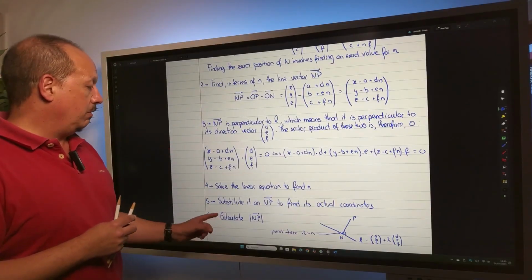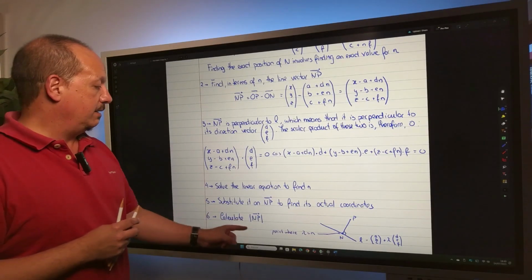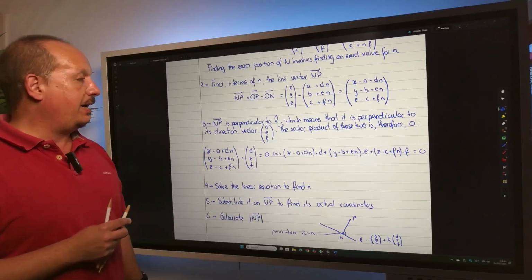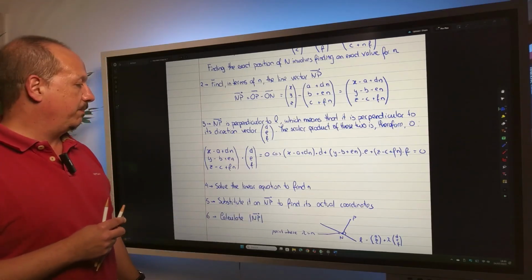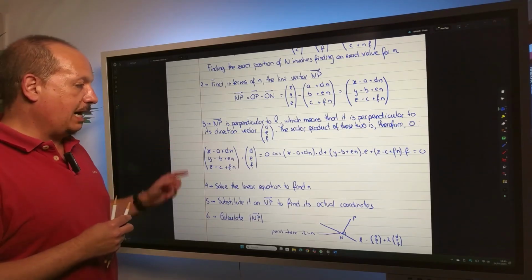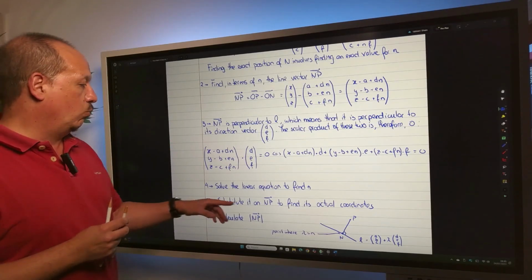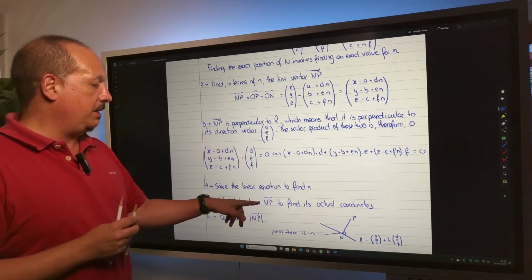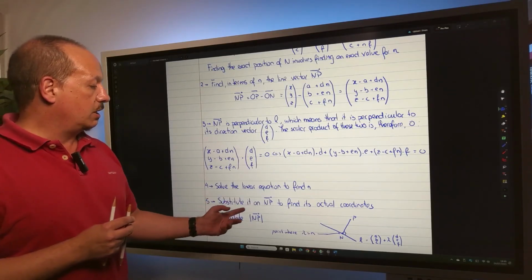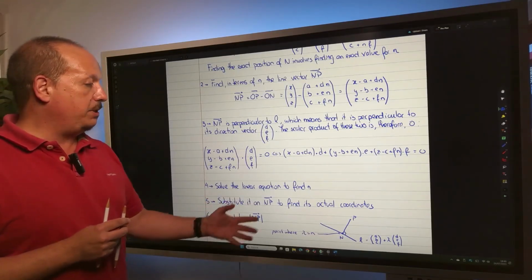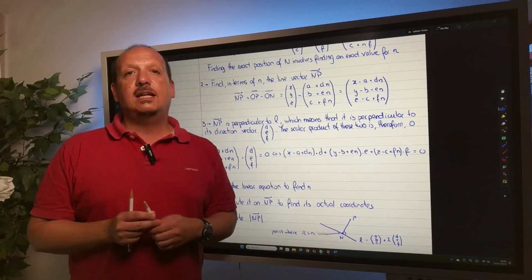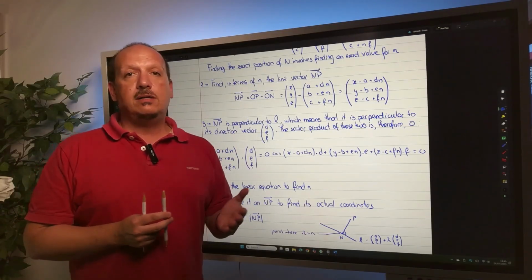Now all you have to do is get the magnitude of NP. Now that you have the coordinates of the vector NP, you just need to calculate the magnitude of NP, which is the distance that you were looking for since the beginning.